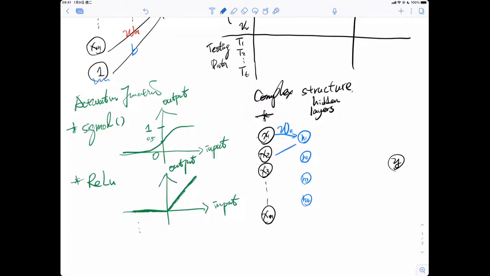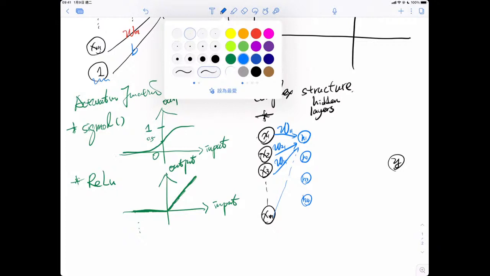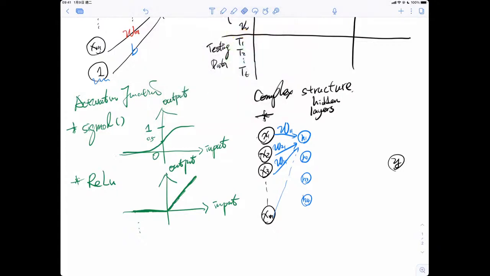W21 means the weight between X2 and H1, and so on and so forth. That is the first neuron of your hidden layer. And let's design two neurons right here in this layer.